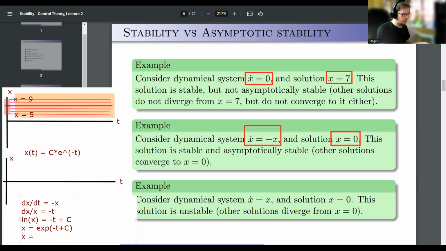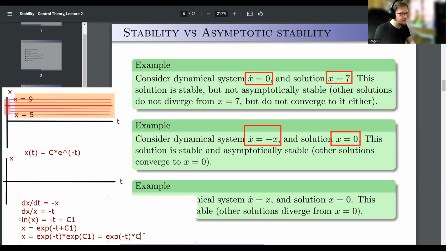And from this, x is equal to the exponent of minus t plus c. So x equals the exponent of minus t times the exponent of c. Since c is just some integration constant, we can always replace it with just some c1. For simplicity, we put c here, and this is the same as putting c in front. Those are the steps. Very standard.